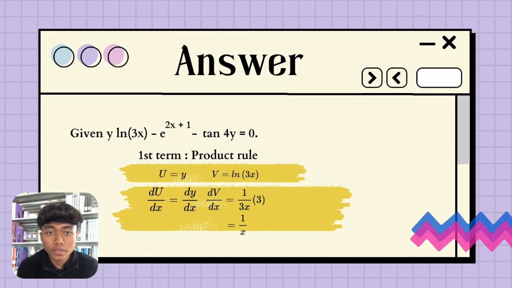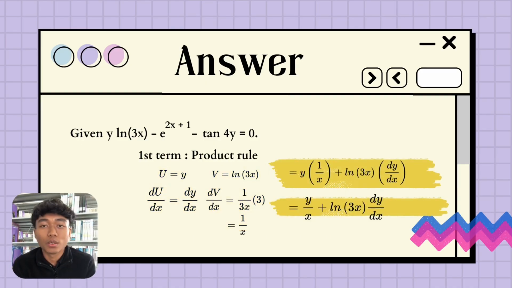When we differentiate u, we will get du/dx equal to dy/dx, and when we differentiate v, we will get dv/dx equal to 1 over 3x multiplied by 3. Then we can simplify and we will get 1 over x for the final answer.